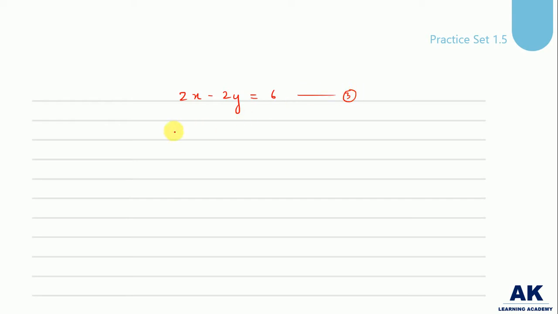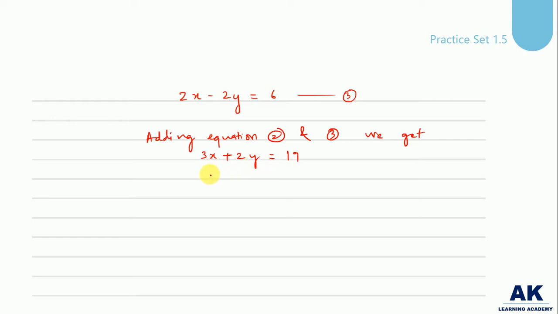Now when I add equations 2 and 3, we get, what is equation 2? It is 3x plus 2y is equal to 19.